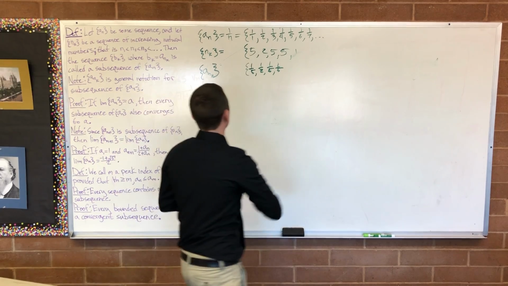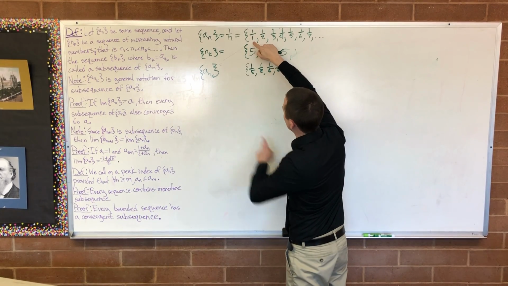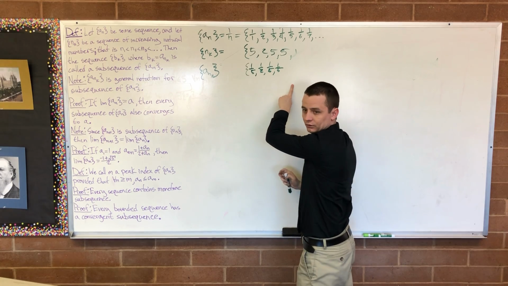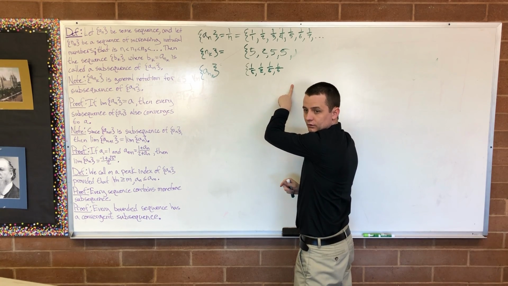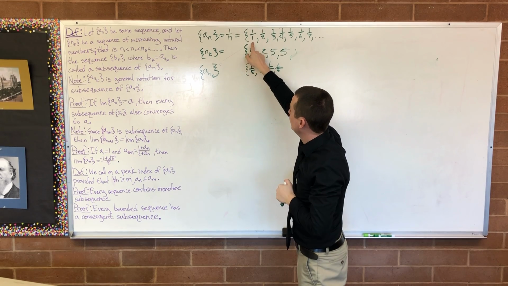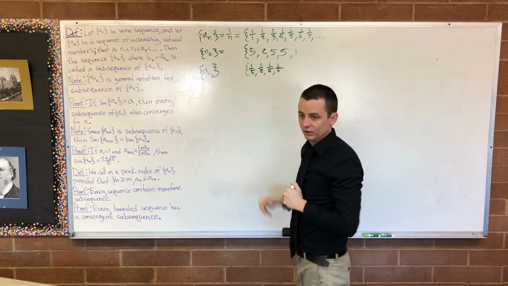That is not a subsequence. I cannot go along saying yes or no, include it, and iterate like that and create this sequence. So you have to go from left to right in your sequence, just choosing yes or no: do I want it, put it in or don't put it in.